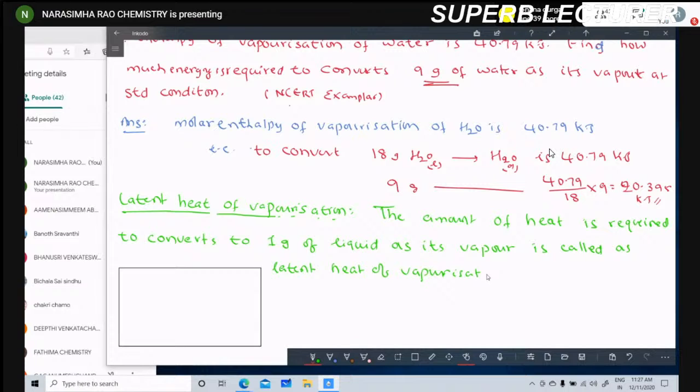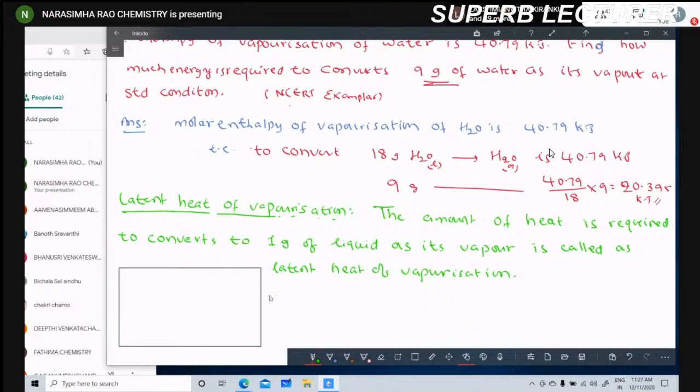It's clear. So the amount of energy required to convert 1 gram of liquid to its vapor is latent heat of vaporization, whereas for 1 mole of liquid it is enthalpy of vaporization.